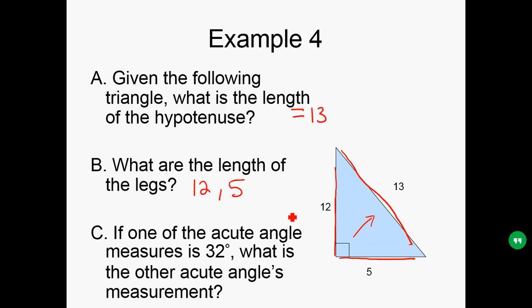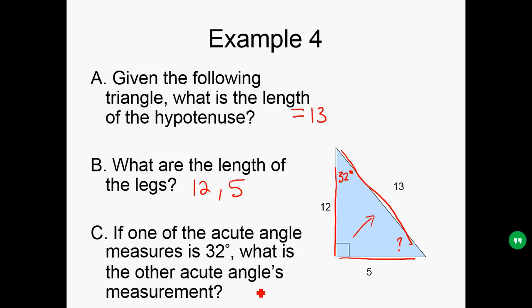If one of the acute angle measures is 32 degrees, what is the other acute angle's measurement? So let's say that this one up here was 32. It's asking what the angle down here would equal. Now, because this is a right triangle, I know that these two angles have to add up to 90.